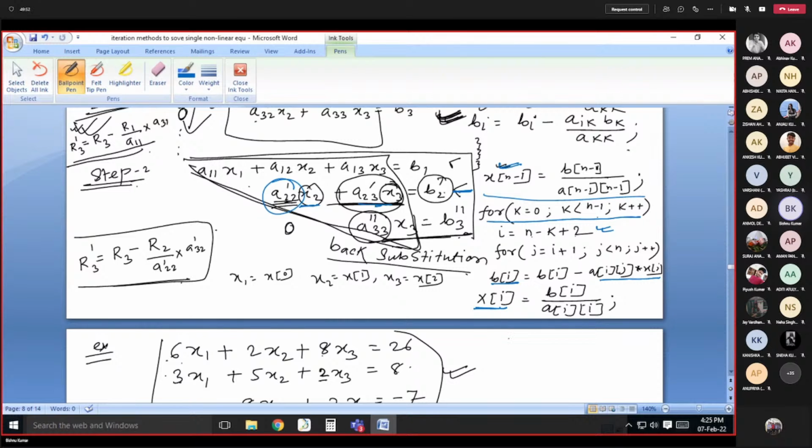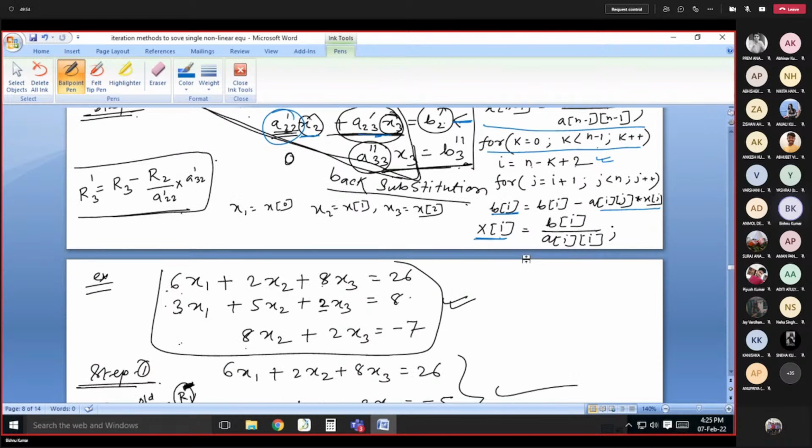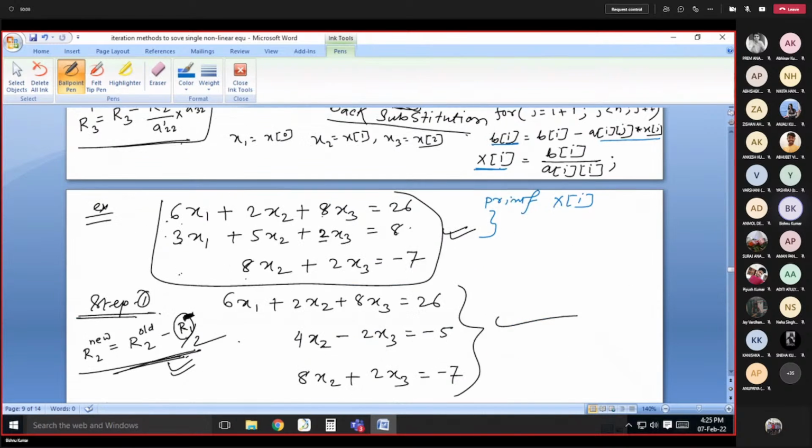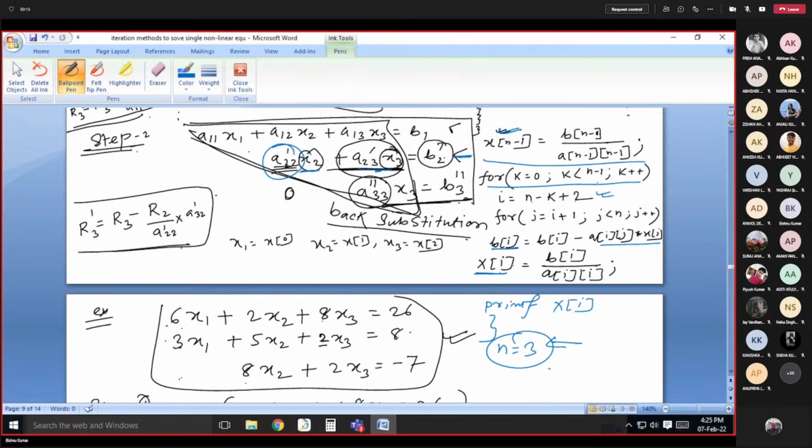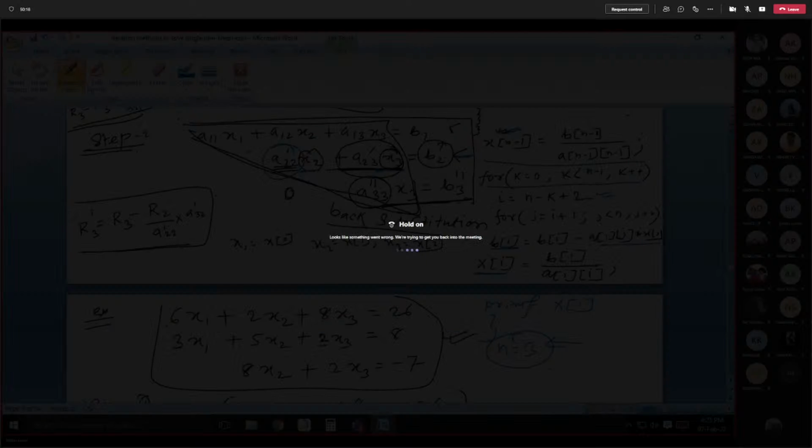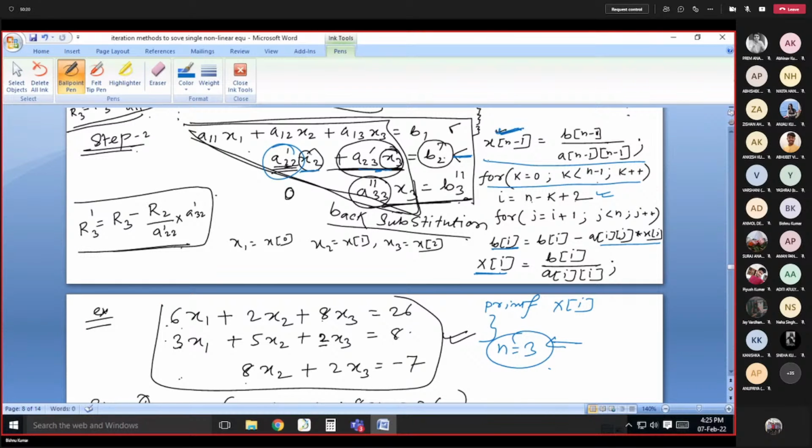After completion of this program, within this loop you just print xi. The last value you have already printed. Suppose you are considering n, x n minus 1 here.